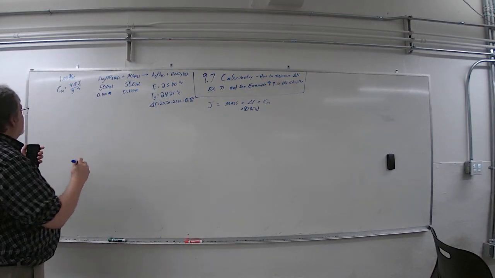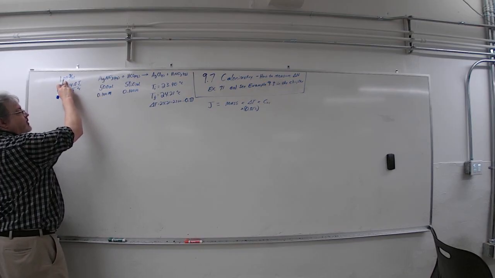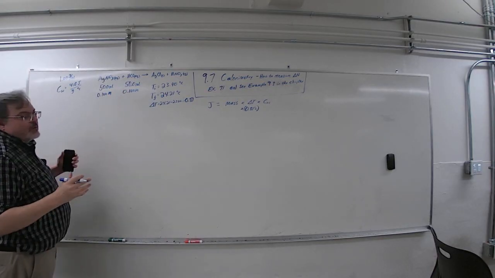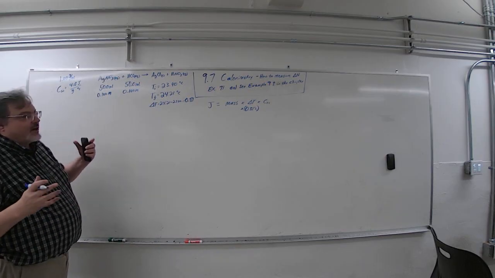Mass. Okay. We're going to use this again. So this just assumes it's 1 gram per milliliter. And 50 milliliters plus 50 milliliters. The problem describes this, that you pour them together in a calorimeter, that is the styrofoam cup.